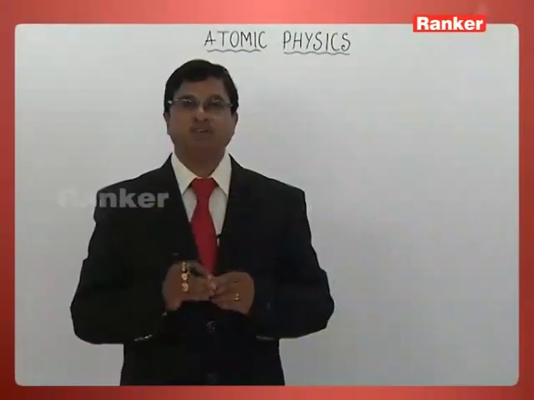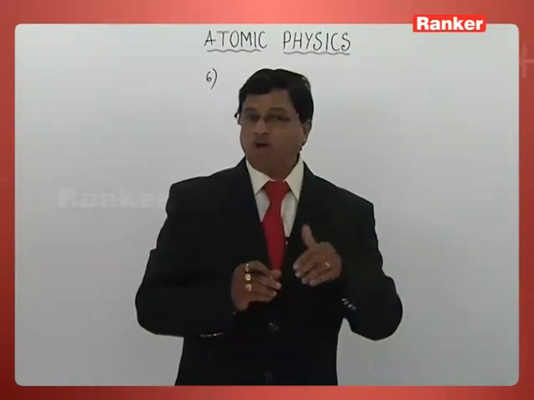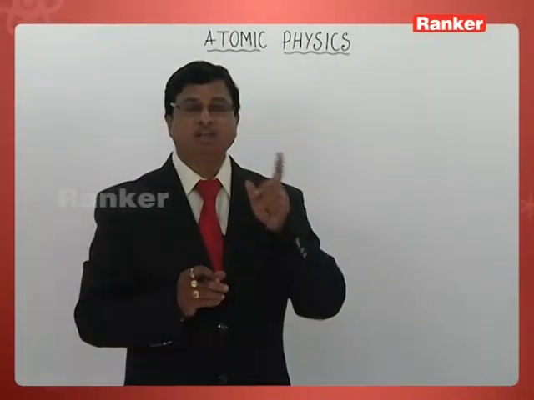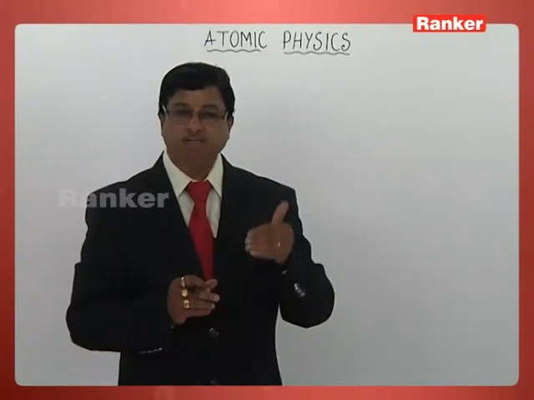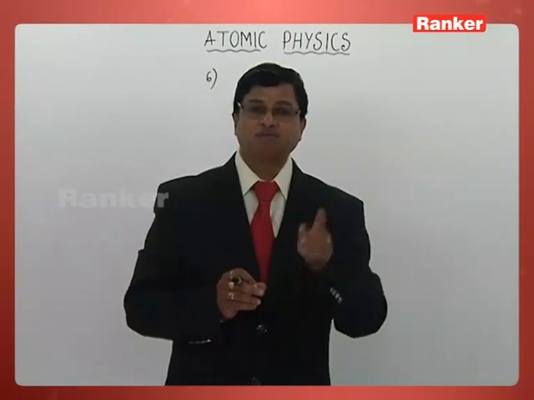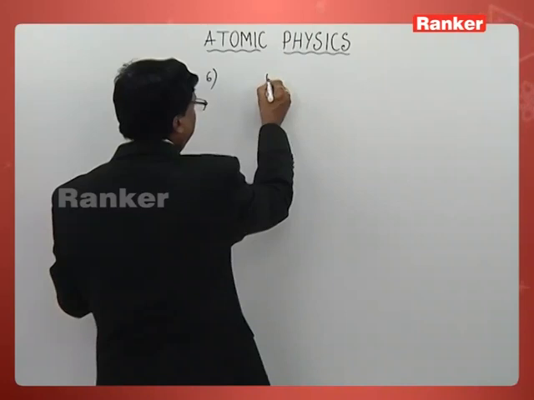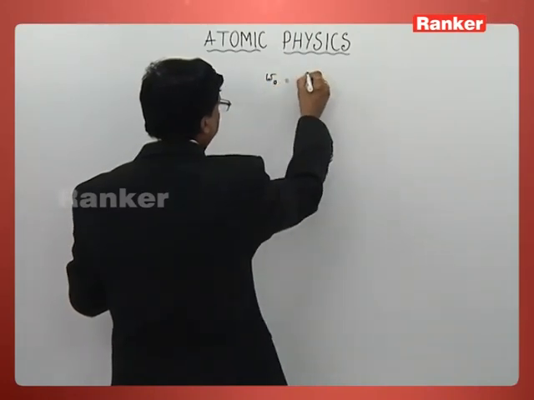Let us once again work out what is the correct answer for this problem. We want maximum velocity of an electron emitted by light of wavelength lambda incident on the surface of a metal of work function phi. So you can understand here work function is given as phi. Then what can I write now? hc by lambda is equal to work function plus half mv square.